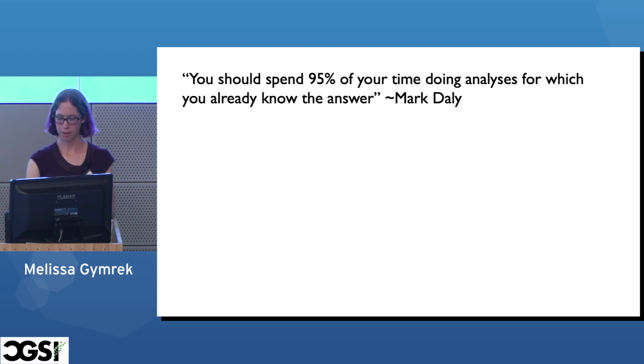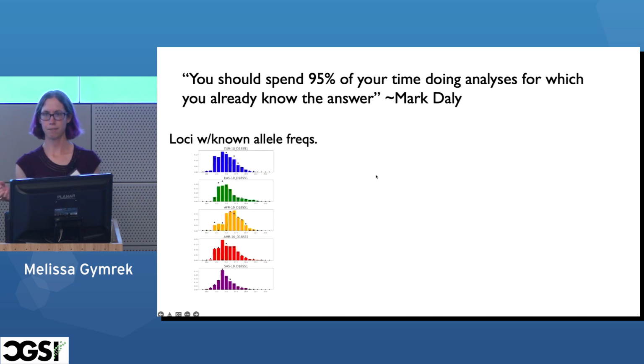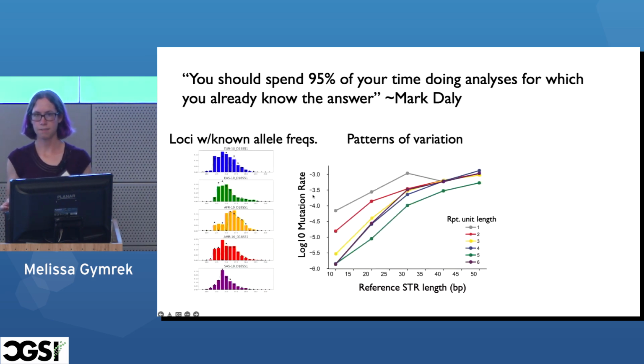I'm not going to talk about the specifics of these for STRs either, but for example, if there are loci, like those CODIS loci from the FBI, where we know what the frequencies of the different allele lengths should be in the population, we can see if that matches up with what we saw in our data set. We know general trends of STR variation from the literature. For example, the longer the STR, the more variable it should tend to be across the population.